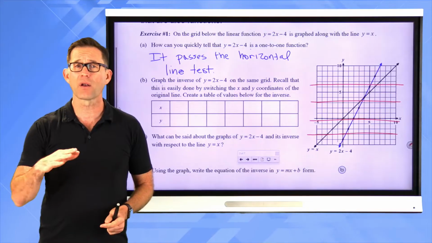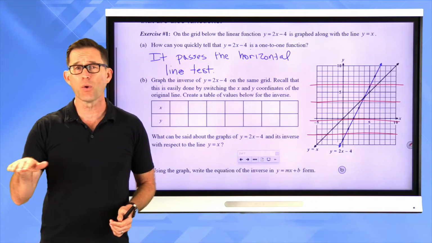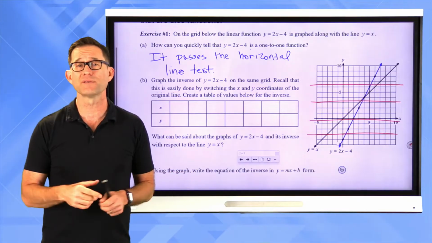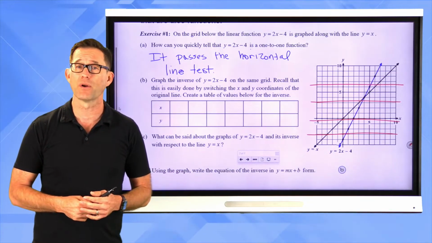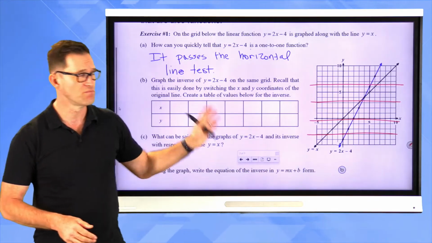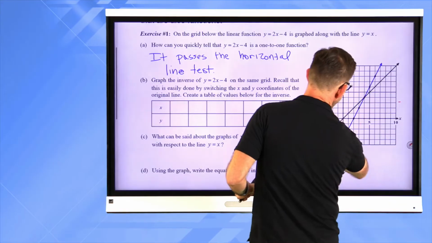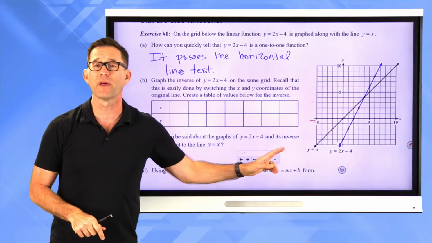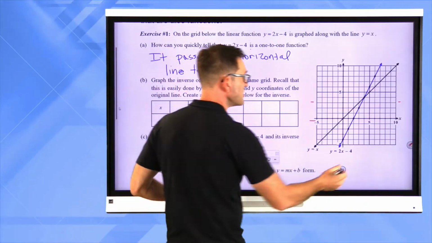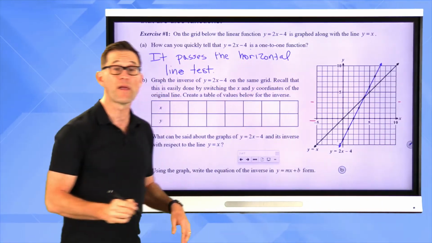That's because horizontal lines are constant y values. So if a constant y value hits a graph more than once, that means an output has been repeated and the function is not one-to-one. But this one keeps hitting the graph of y equals 2x minus 4 only once. Eventually I'll explain why y equals x is even there, but for now, I just wanted to review the horizontal line test.